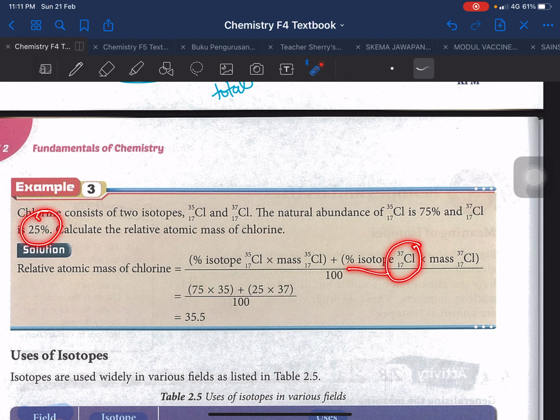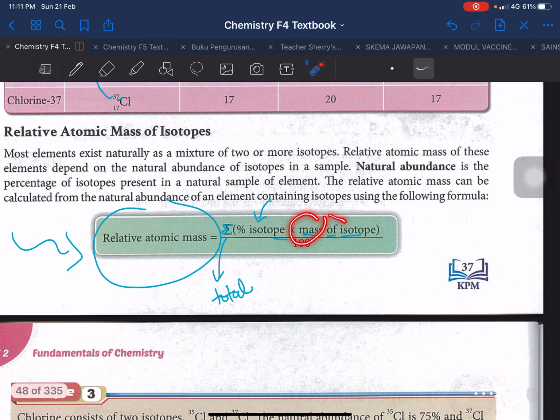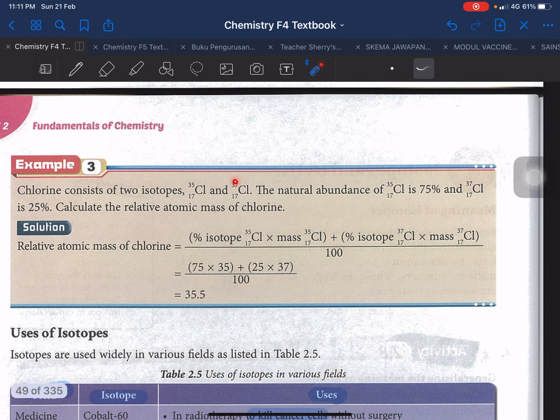This one, 25. The question gives it. So 25 times the mass. Mass is the nucleon number, which is given. In the standard representation it is given. Divide by 100 and we get 35.5. So that is just one example of how to count the RAM.